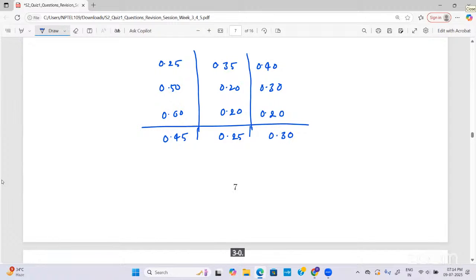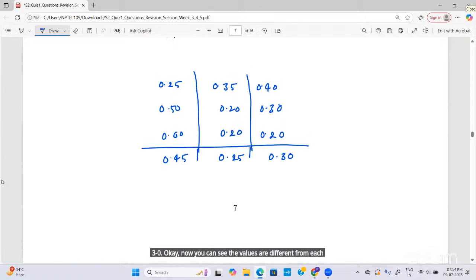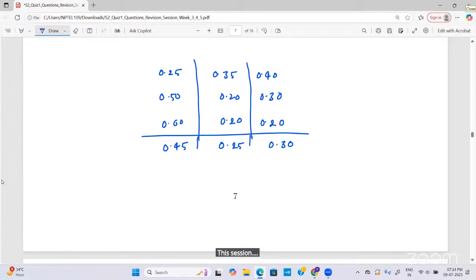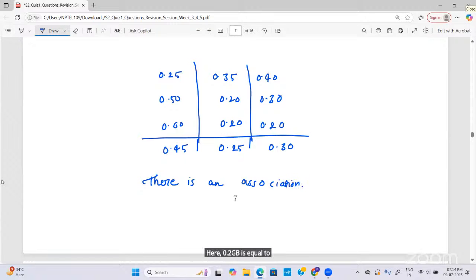Okay, now you can see the values are different from each other, right? The values are not close to each other. You can clearly see association. So we can say that there is an association. Yes, ma'am. Here 0.20 is equal to 0.20, but you have to see all the values.